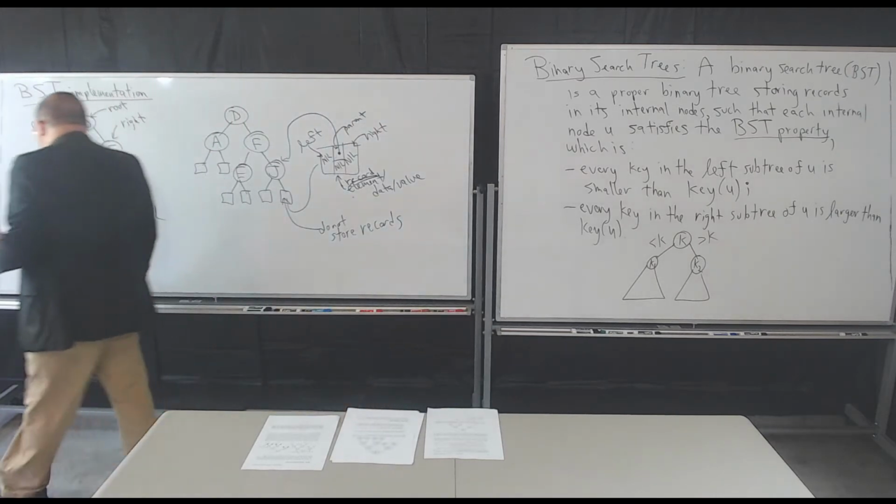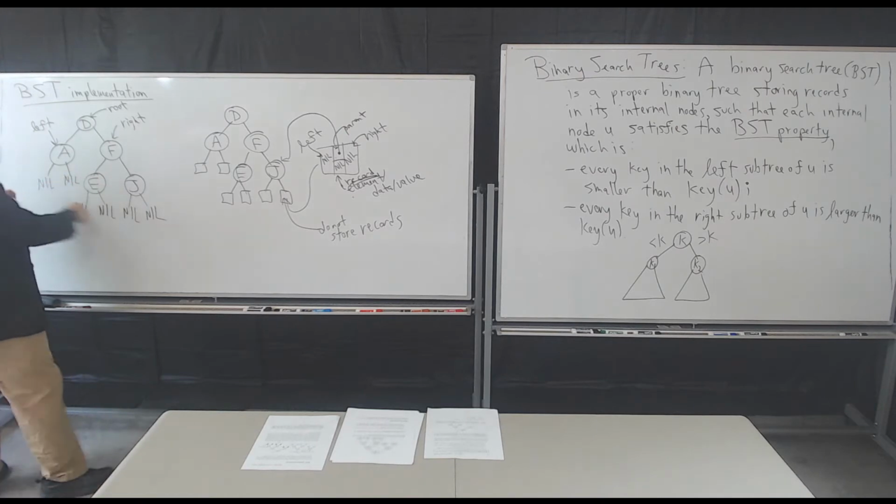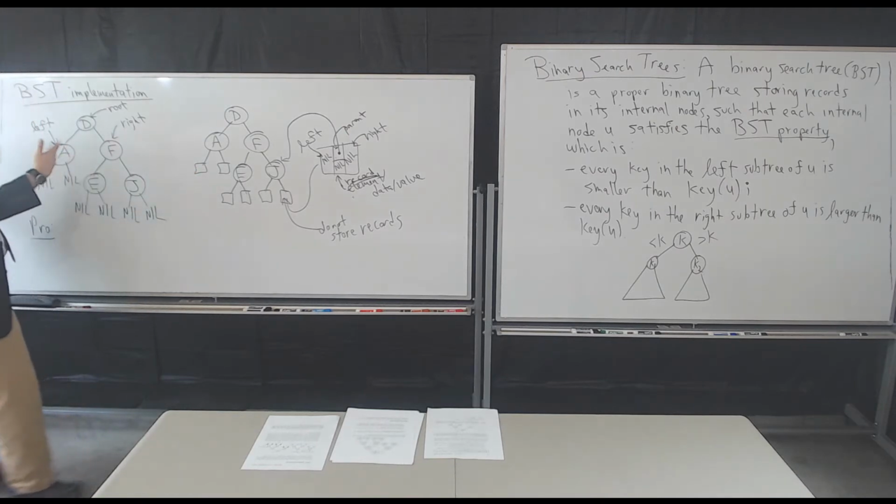So this left one, you can see that there are different pros and cons to each one. The pro of this representation or implementation of the binary search tree: notice that this definition, you can adapt it to make it work with this just fine. It's very easy. You notice that I just don't use these leaf nodes. So these are basically pretending to be those right there, these dummy leaf nodes.